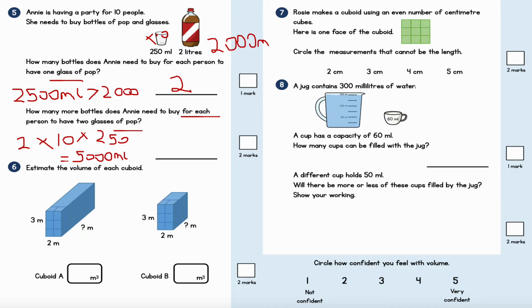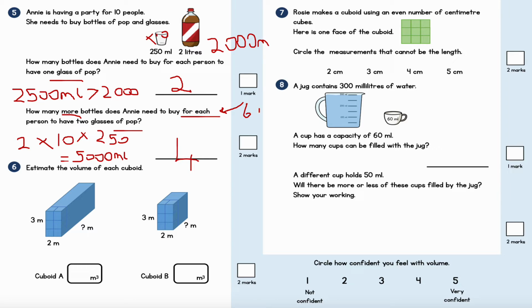means that I'm going to need 6 bottles in total, but it said how many more, so Annie will need 4 more because 2 plus 4 is 6. So she already has 2 bottles, so basing our second part on the first part, she will need 4. But the answer to this one, if you're unsure, is that she will need 6 in total.